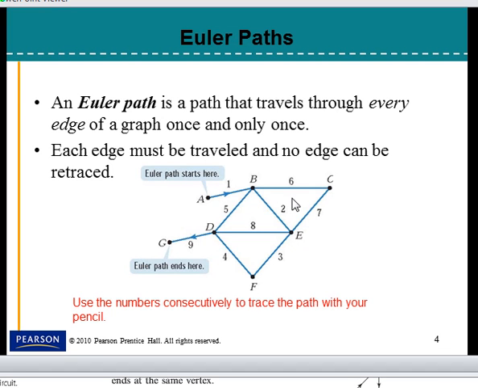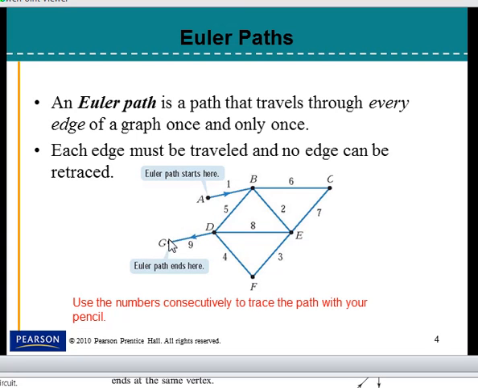And you can use letters to indicate this path. You would have A, comma B, comma E, comma F, comma D, comma B, comma C, comma E, comma D, and then comma G. That would be the path.